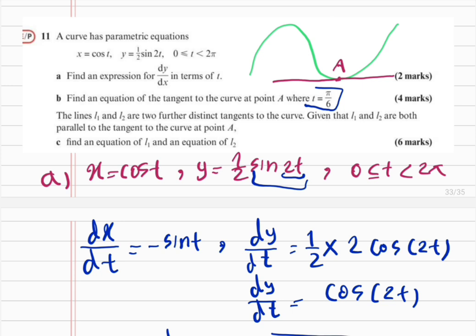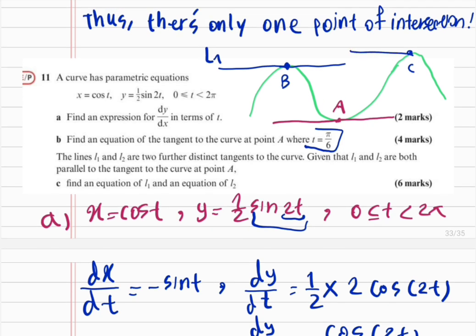Now, the other part is saying that there are basically two more tangents, two more lines L1 and L2, which are tangent to the curve, and they are also both parallel to the tangent at point A. So let's just extend the curve a bit, and let's say this is point B, for instance, and this is line L1, and this is point C, and this is line L2.